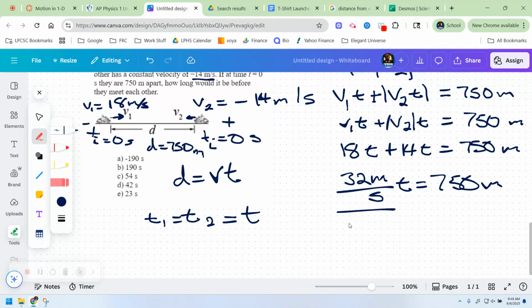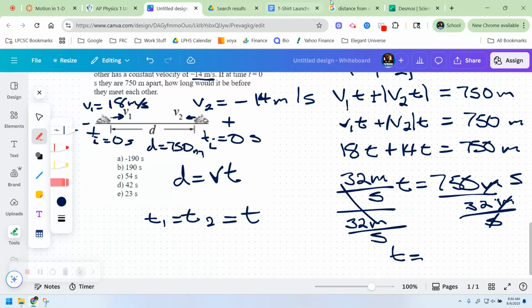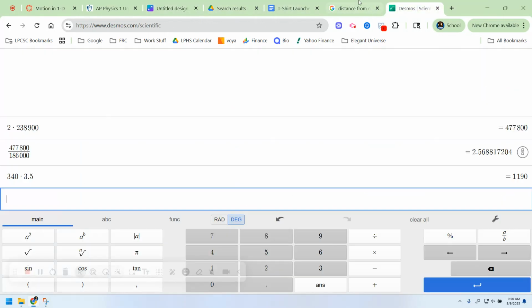We're going to have to divide by 32 meters per second on both sides. And remember, we're going to reciprocate the meters per second, so the meters cancels with meters, and then the seconds gets tossed up to the top. This all cancels, and so I get the time is equal to 750 divided by, what was that, 32?